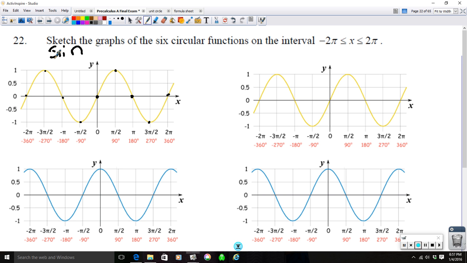Now I'm going to go ahead and do cosecant right now. When you graph cosecant, you are going to put asymptotes where the x-intercepts are for sine. So these are all your asymptotes.